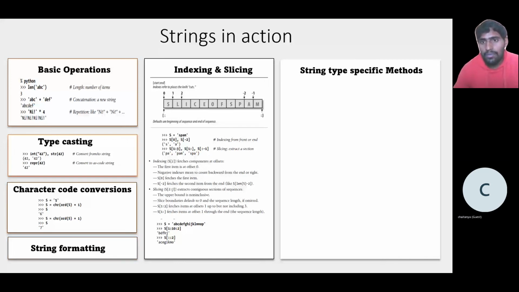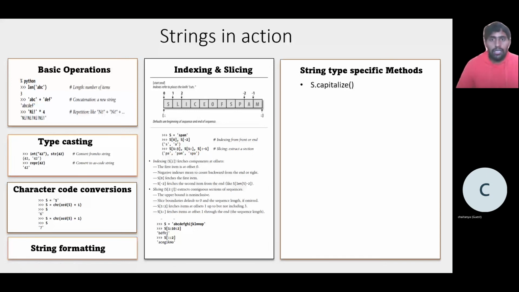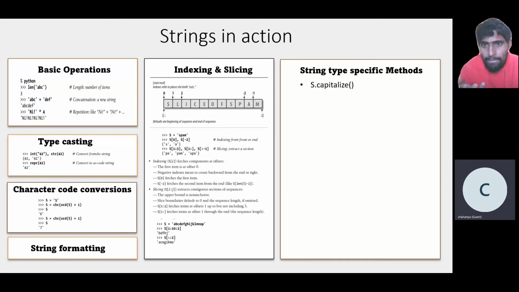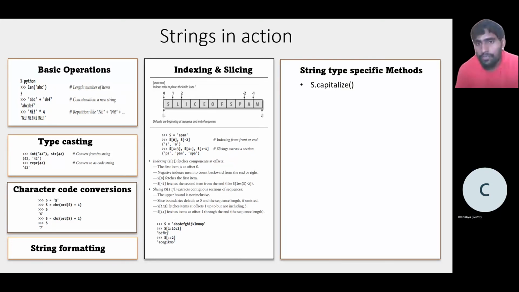Now we will see type-specific methods. S is your string, for example S is Chaitanya. When you call capitalize, what is capitalize? Now you tell me, is it behavior or state? It does something. We are not just calling attributes.